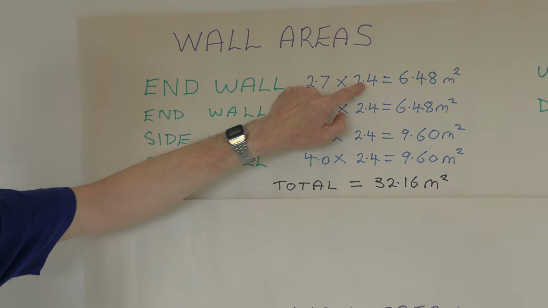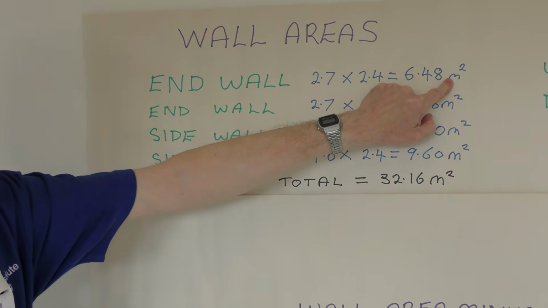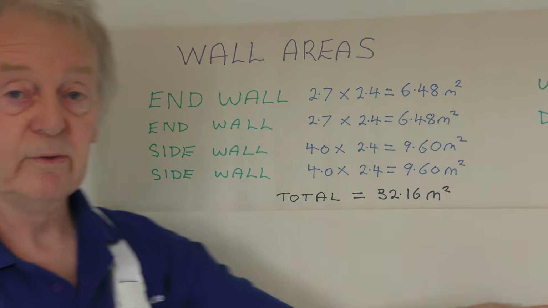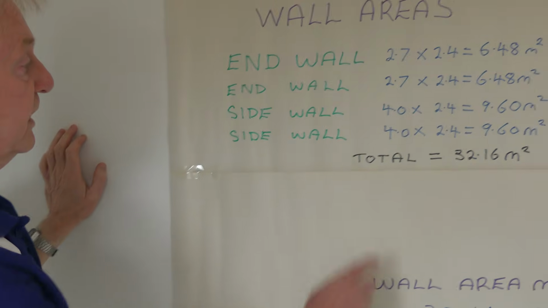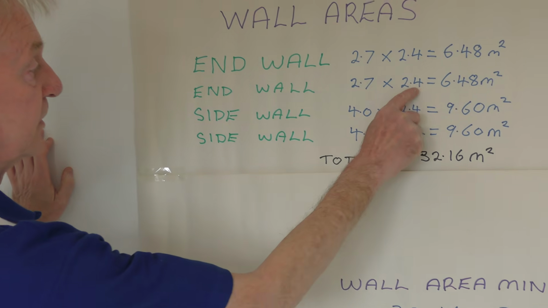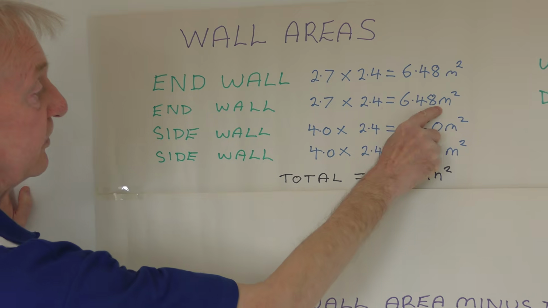So 2.7 times 2.4 is 6.48 metres squared for that end wall. Now the other end wall down there is exactly the same size, fortunately. So it's 2.7 long, 2.4 high, times them together and you get the same number.